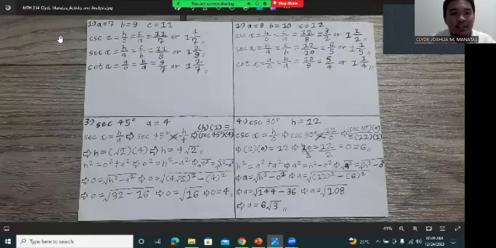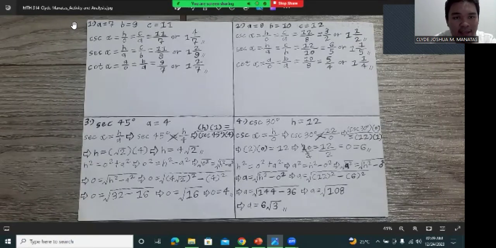To find the cosecant, you have to use cosecant alpha is equal to hypotenuse over opposite leg, which is C over A.